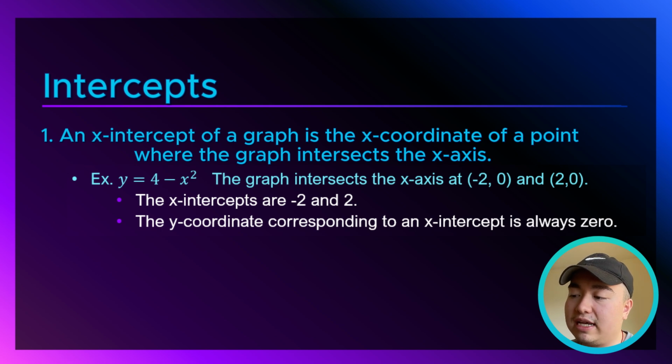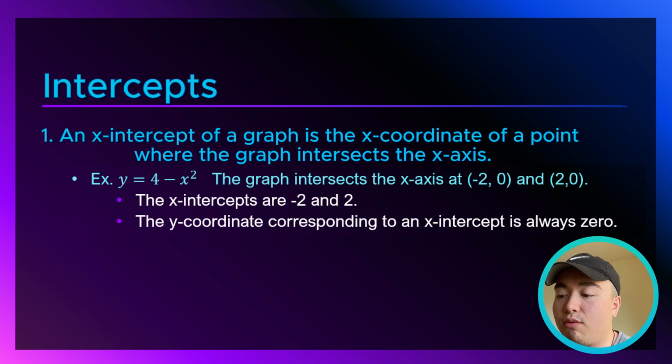The graph intersects the x-axis at the point -2, 0 and the point 2, 0. So the x-intercepts are -2 and 2, and the y-coordinate corresponding to an x-intercept is always 0.